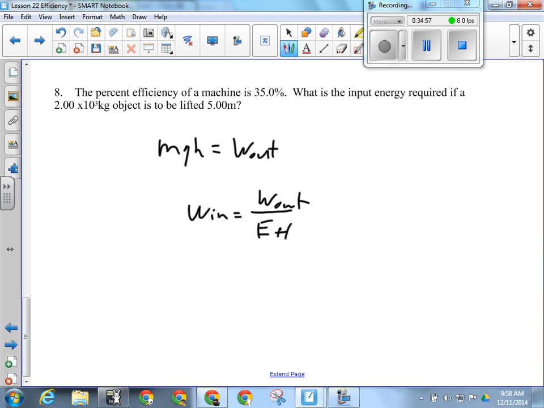So it'll essentially be 2,000 times 9.81 times 5 divided by 0.35, and that'll give me the work input. Yeah? So that was just combining a potential energy question with an efficiency question. Okay, any other ones there, guys? All right.